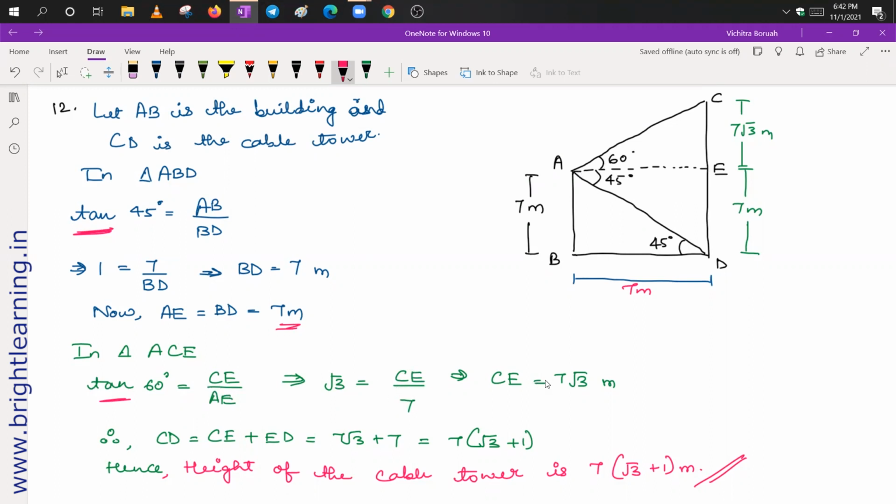So from here we got CE equal to 7 root 3 meters. Next we just added these two values, 7 root 3 and 7. Adding these, we got the height of this whole cable tower, that is 7 into root 3 plus 1 meters. So this is our answer.